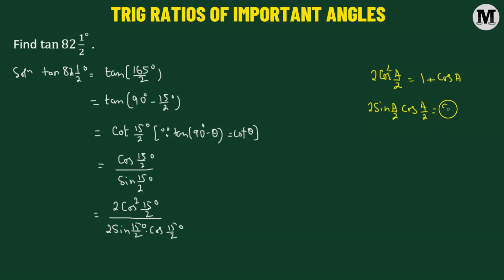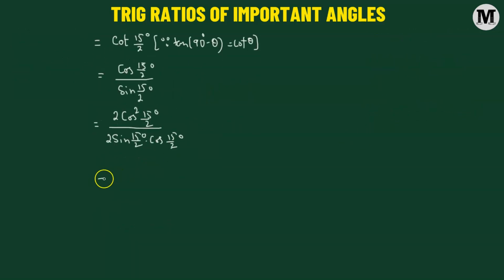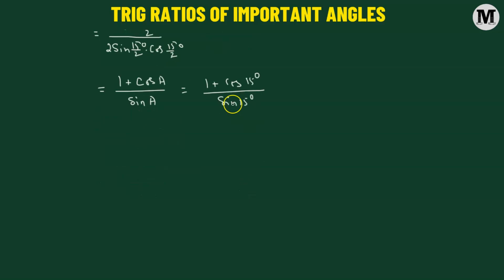So that will be equal to sine of the angle A. So when we apply this formula, we have the cosine of angle A with 1 added to it, and in the denominator, we have sine of the angle A. So here A corresponds to 15 degrees, which means this will be simply 1 plus cosine of 15 degrees divided by sine 15 degrees. So our next goal will be to find out the value of cosine 15 and sine 15. So let's do that.